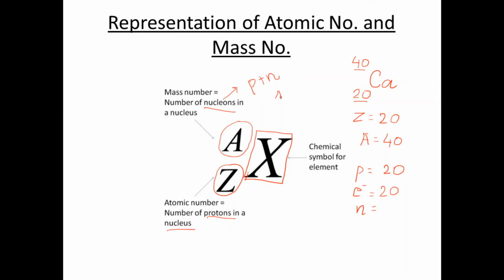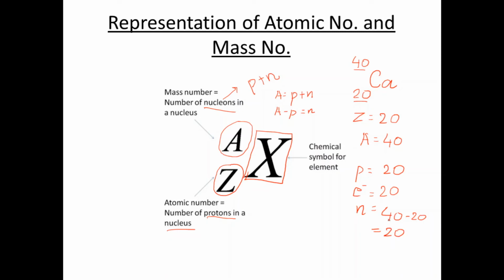That means the mass number is the sum of proton and neutron. So can we say that mass number minus the number of protons is equal to number of neutrons? So what is the mass number of calcium? It's 40. And what is the atomic number? It's 20. So the number of neutrons also comes out to be 20.